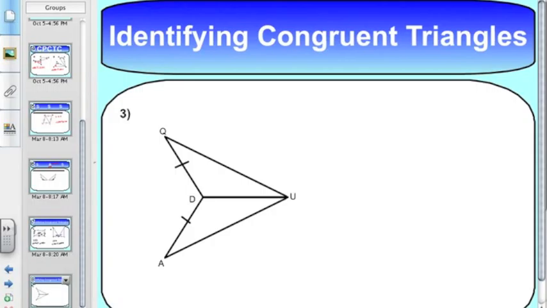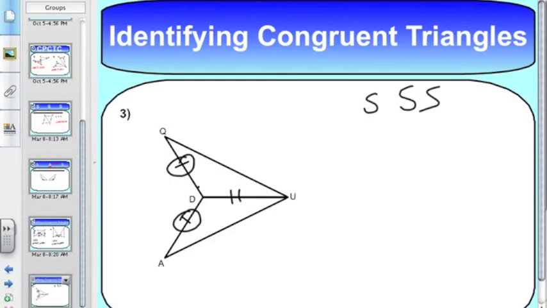All right, last example. We look at this triangle and your almost immediate response is to say side, side, side. But look closer at the figure. You do know that these two sides are congruent. You know that the shared sides are congruent.